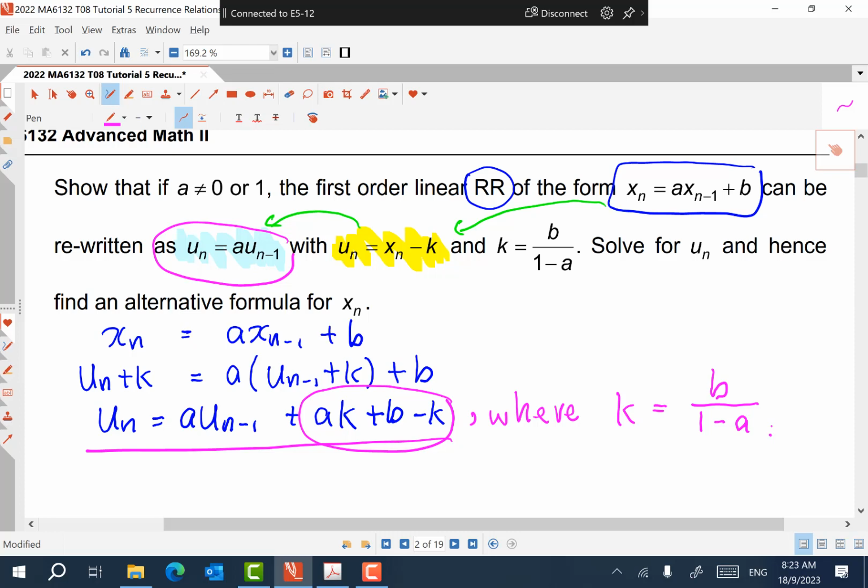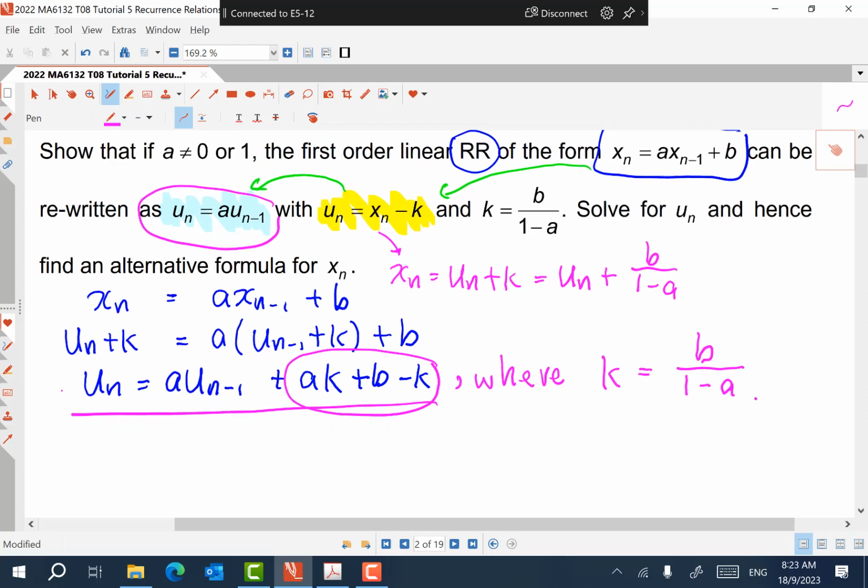So bear in mind, therefore, our xn is going to be un plus k, which means our xn has to be un plus b over. Okay. So what is left to be done here is we just need to solve for un.